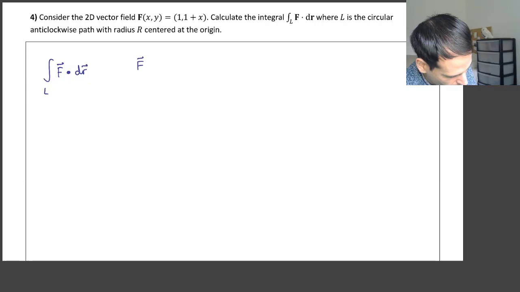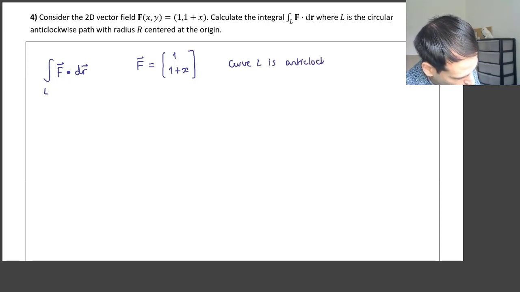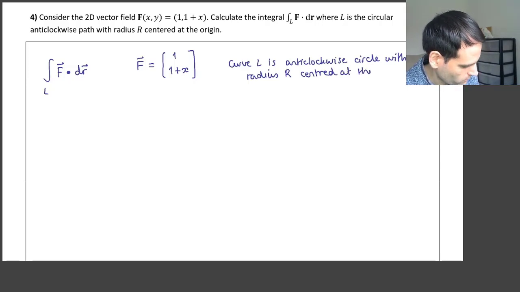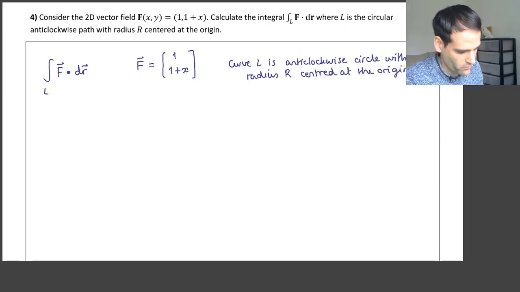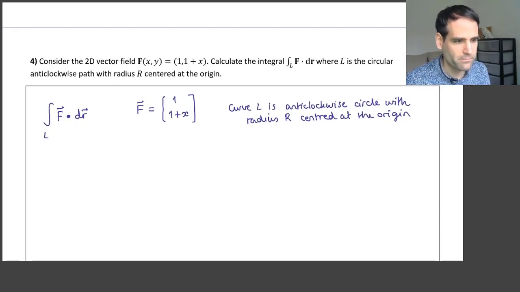The vector field F equals a vector 1 and 1 plus x, and the curve L is an anticlockwise circle with radius r, centered at the origin. Those are the data given by the question.